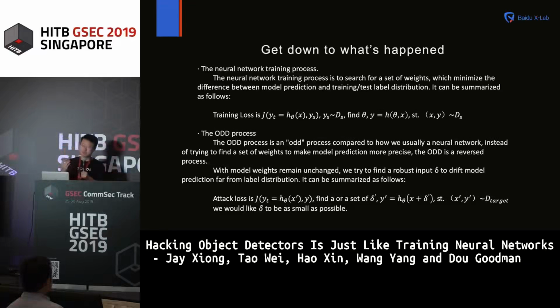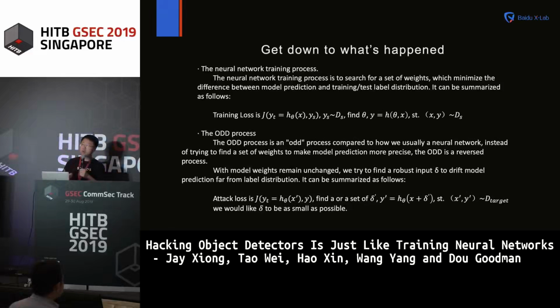To minimize this difference, they use backpropagation to adjust the mistake.